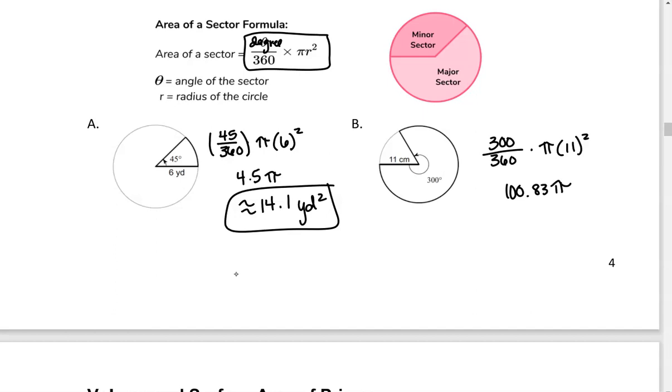I could give that to you as a fraction. It'd be 605 divided by 6. But anyway, we're going to multiply by pi and get about 316.8. And that is centimeters squared for the area of that section there.